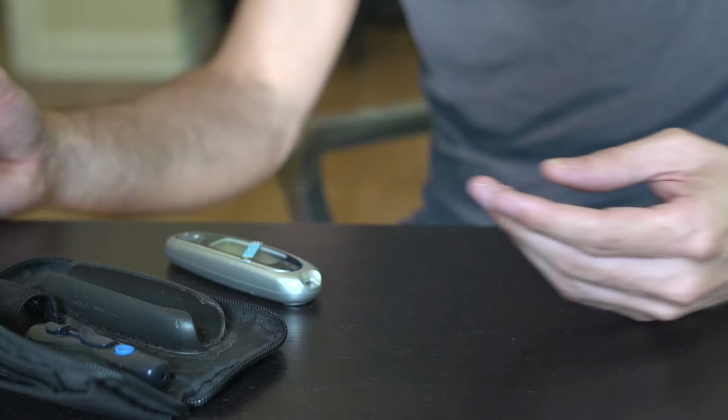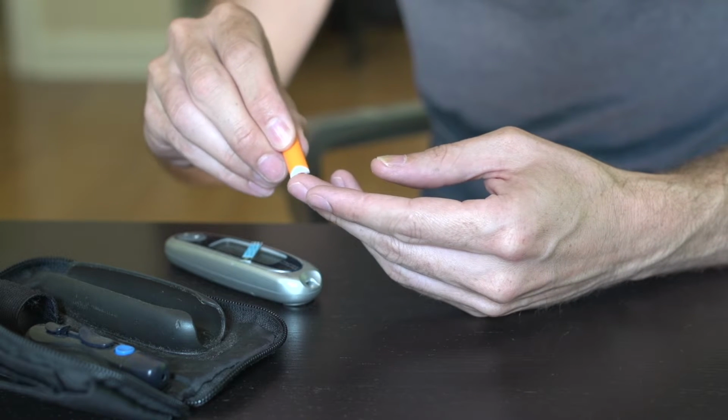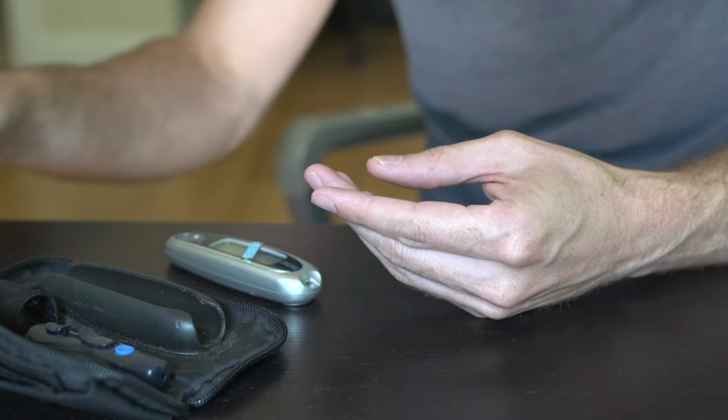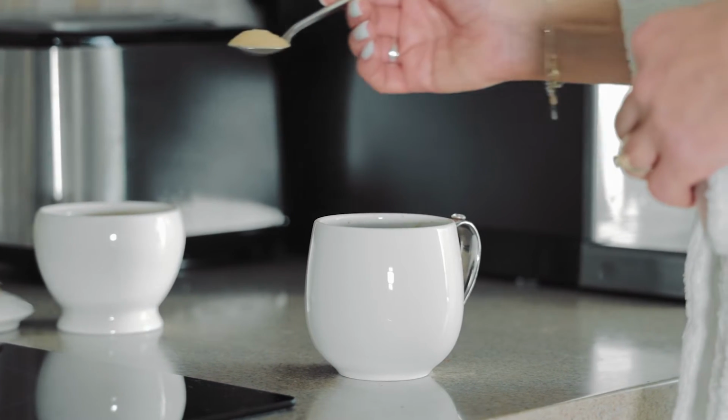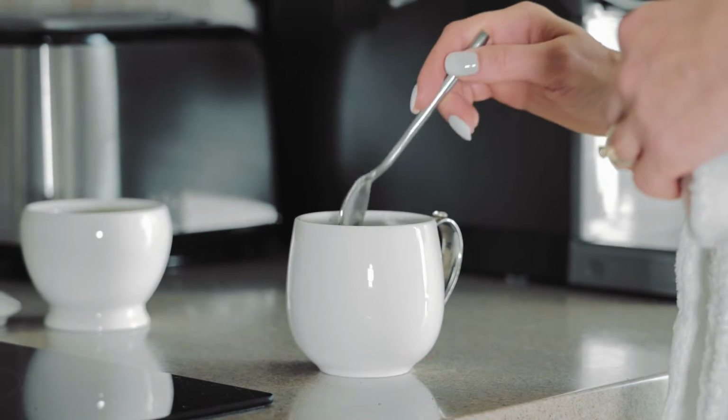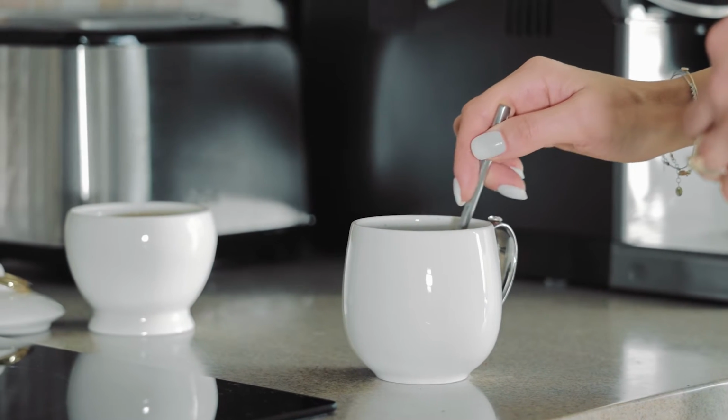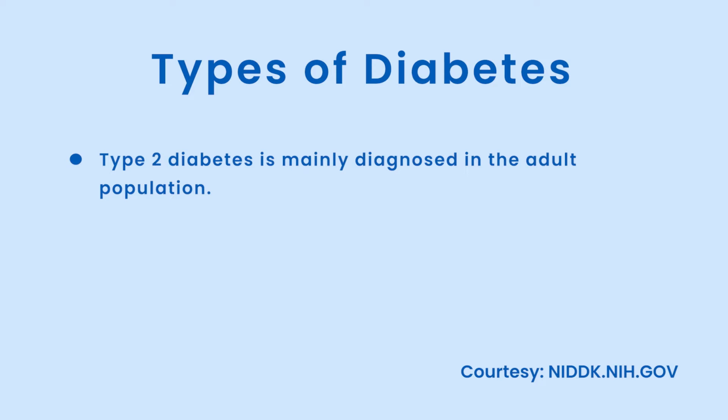The second type of diabetes, and probably the most common type, is probably what many people think about when they are thinking about someone with diabetes. They're probably thinking about someone who has type 2 diabetes. Mainly, this type of diabetes is diagnosed in the adult population.